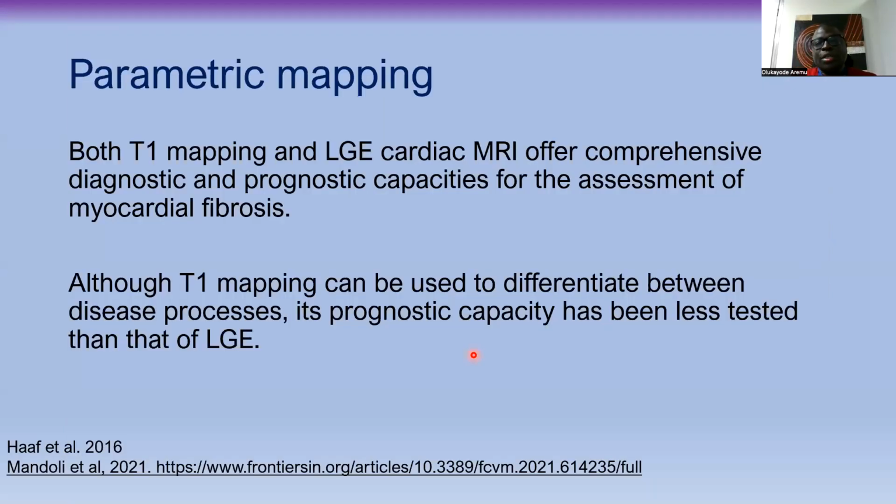Okay, so parametric mapping now. T1 and T2 mapping offer comprehensive diagnostic and prognostic capacities for the assessment of myocardial fibrosis. Although T1 can be used to differentiate between disease processes, its prognostic capacity has been less tested compared to LGE.